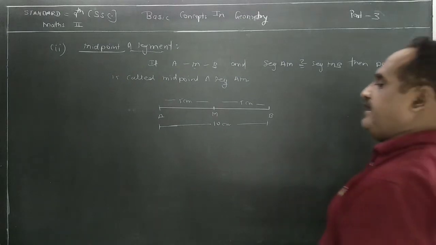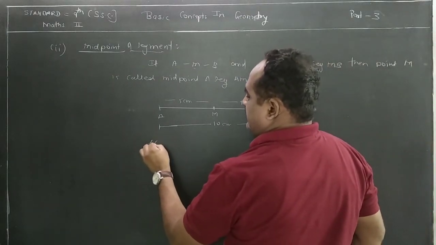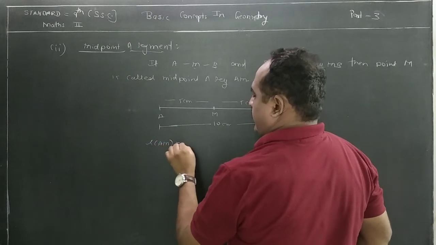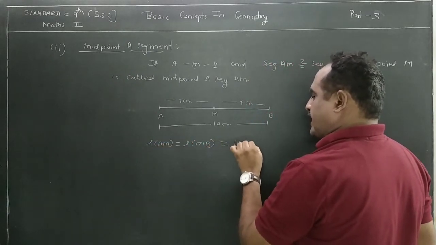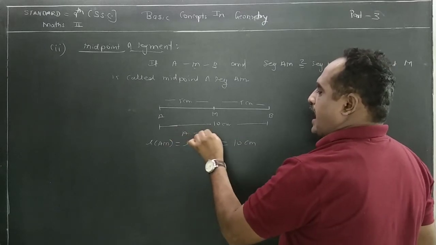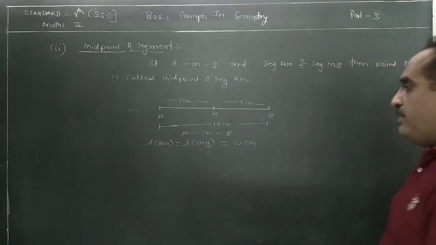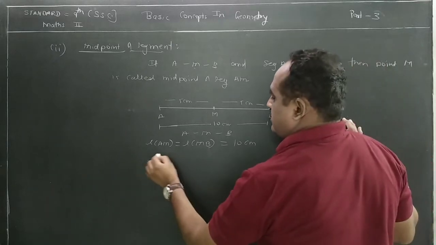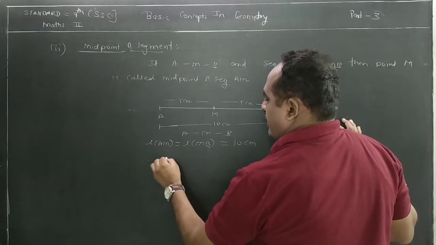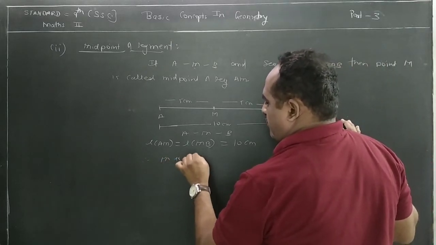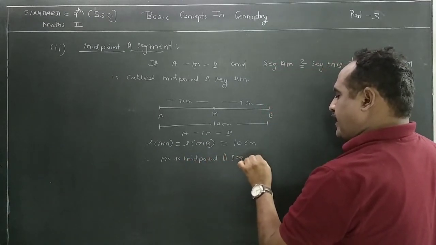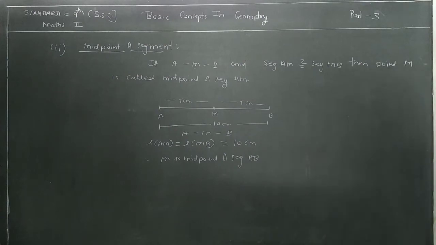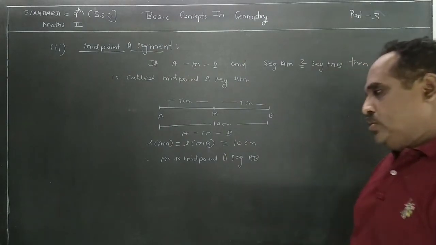So what can I write then? Length AM is equal to length MB, and AB is 10 centimeter, and M lies between A and B. So what I can say is that M is midpoint of segment AB.